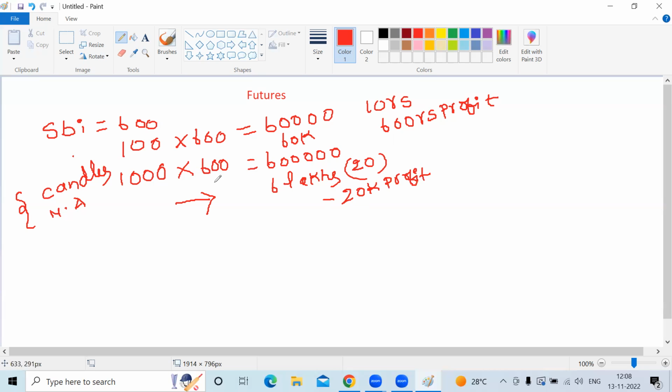But to take this position, you need to have 6 lakhs in your account. But you are not that rich, right? You might be doing a job where you get a 50K salary, so it is very difficult, even though you have good knowledge of the stock market. You can't take this position.